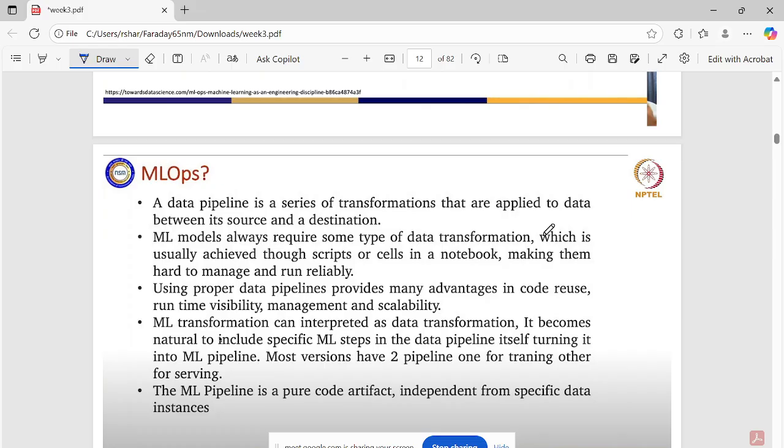So most versions have two pipelines, one for training and the other for serving. So this basically means that our application, which has to do some task like classification, object detection, recognition and so on, will have two pipelines, one for training and one for serving.